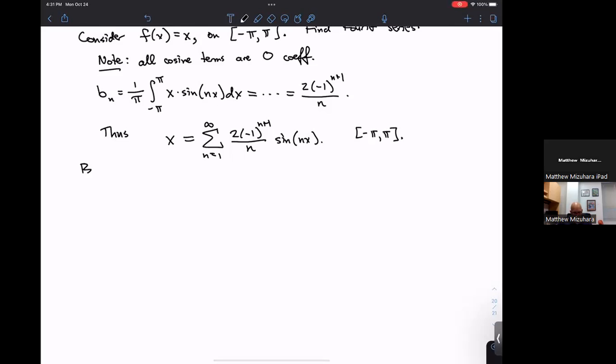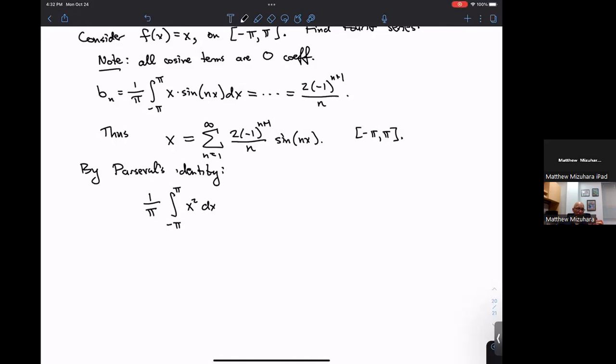So by Parseval, we know the L2 norm of the left-hand side. So I should take the L2 norm, so 1 over pi, times the L2 norm, which is the integral of x squared from negative pi to pi dx.